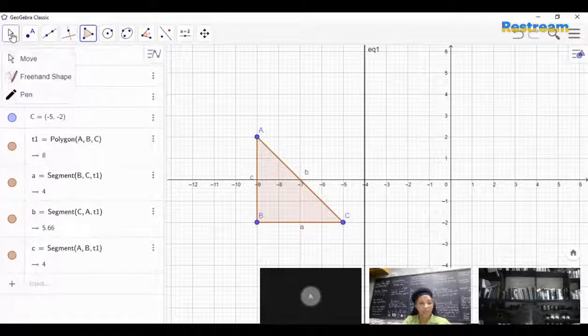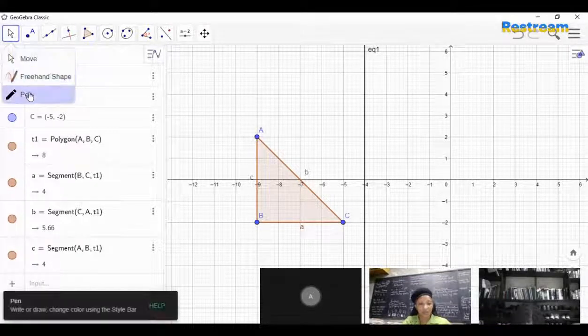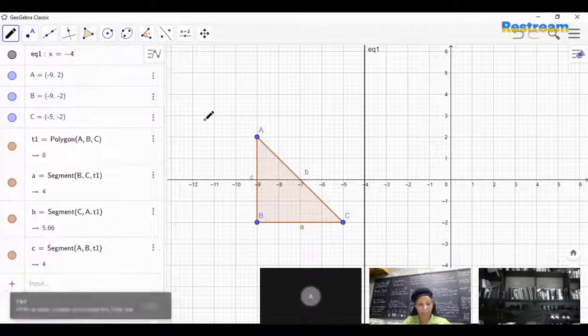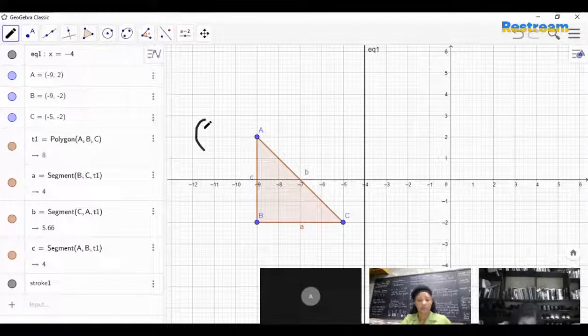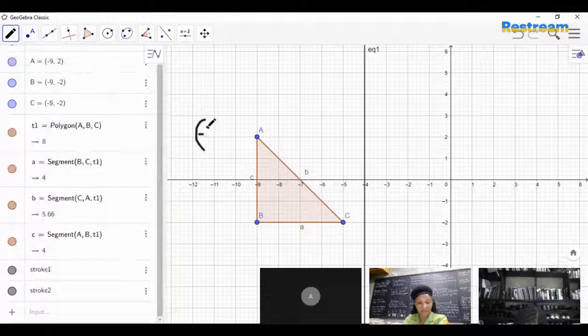All right. So tell me the coordinates for A. A is -9, -2. -9 and what?